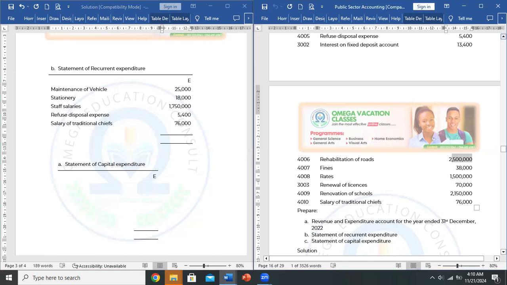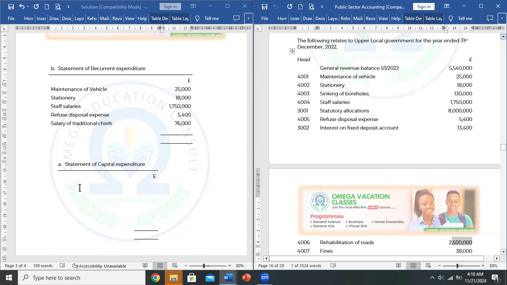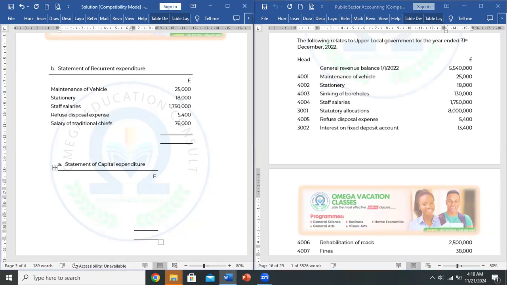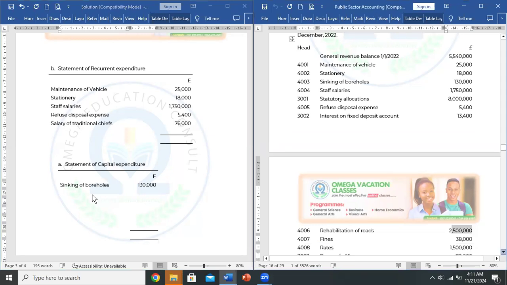So let me pick the capital expenditure. So the capital expenditure, we have the sinking of boreholes. That's the first one. Okay, that is 130,000. Then the next is the rehabilitation of roads, and then the renovation of schools.